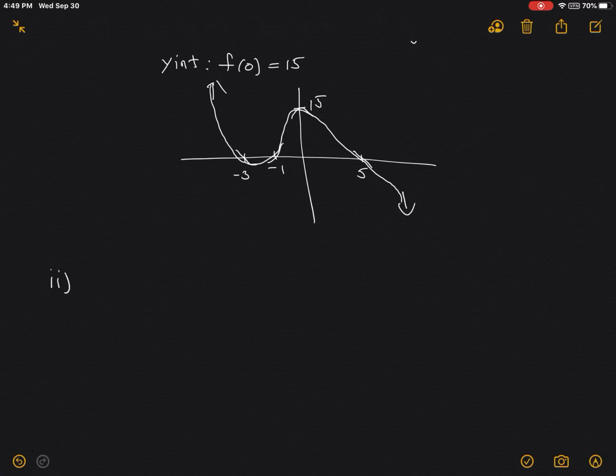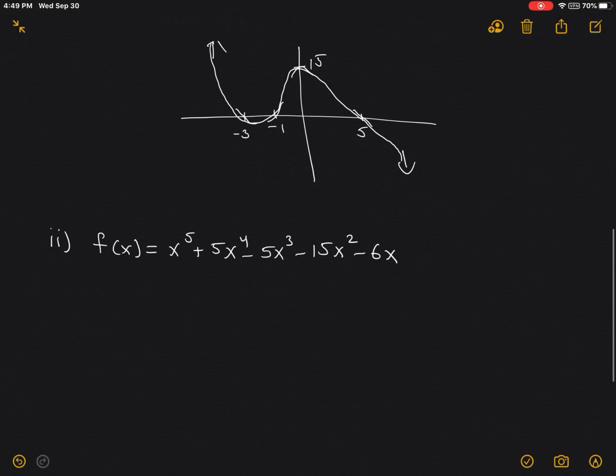Part 2. What if we have something raised to the 5th? F of x is equal to x to the 5th plus 5x to the 4th minus 5x cubed minus 15x squared minus 6x. Before you start saying, oh, it's going to be factors of 6 over factors of 1, notice there's an x here. So this is actually not your constant term.